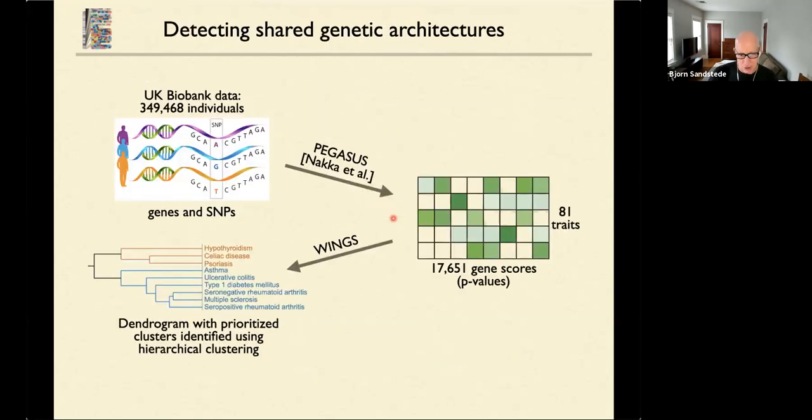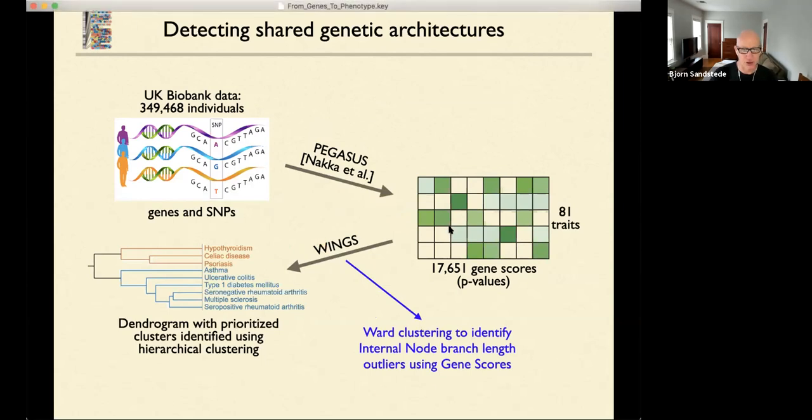So let me go back and talk a bit about the clustering algorithm that we use. It's really that last step. We have this matrix, 81 rows, 17,600 columns. What we would like to do is find a way to cluster such that we are confident that these clusters are relevant.